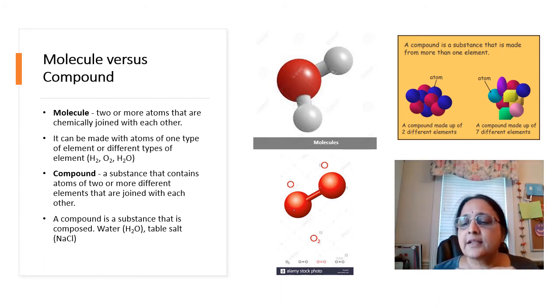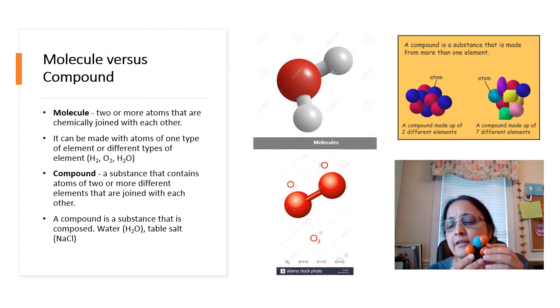So let's take another example. This is an ionic compound, sodium chloride. So this is formed by sodium as well as chlorine atoms. So should we call this one a compound? Yes. Should we call this one a molecule? Yes. Then let's take the example of this one. Is this a molecule?